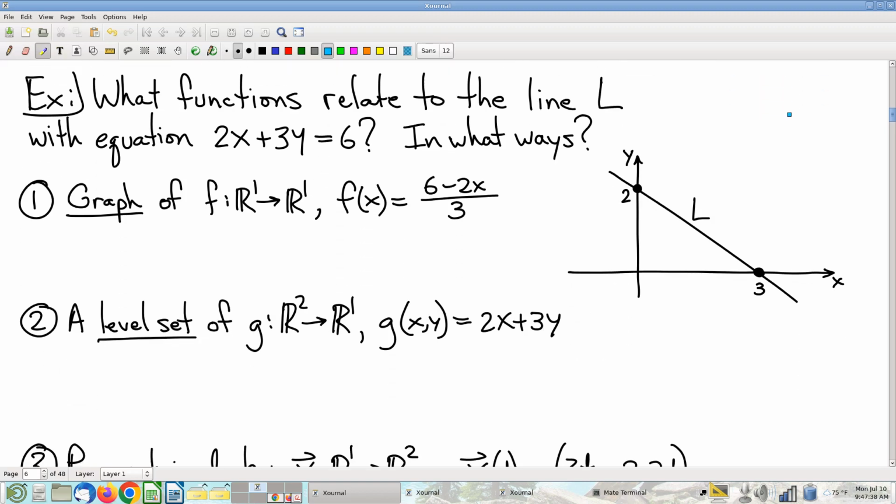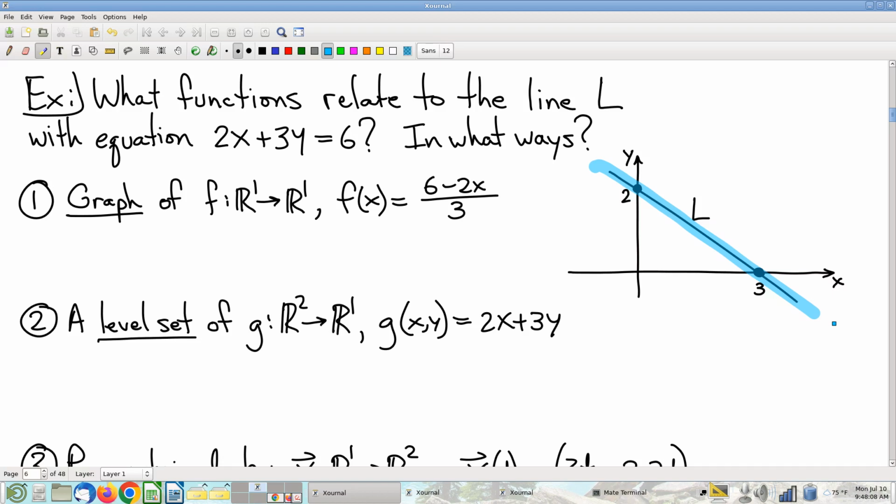So, for example, let's suppose I'm interested in this line for whatever reason, and maybe I want to know something specific about this line that will require the use of calculus. If I'm going to use calculus, I need to know what function this represents. Here's the landmine. When you're trying to ask what function this represents, you have to be explicit and clear in your mind: wait a minute, represents which function in which way?